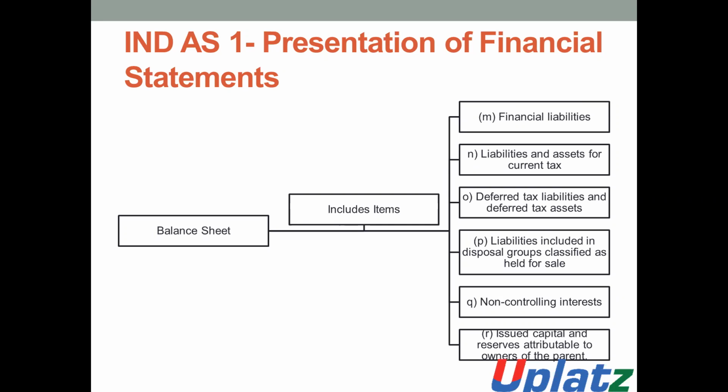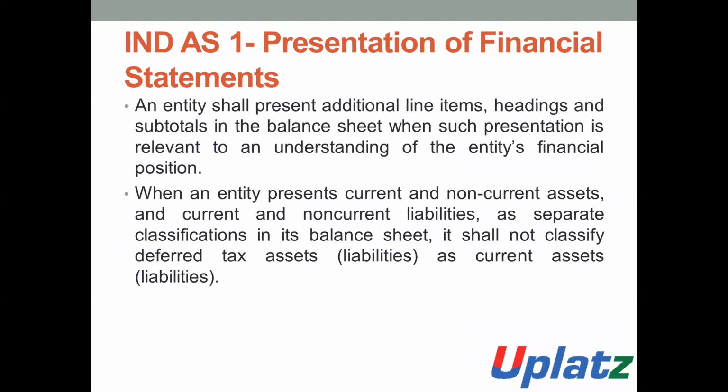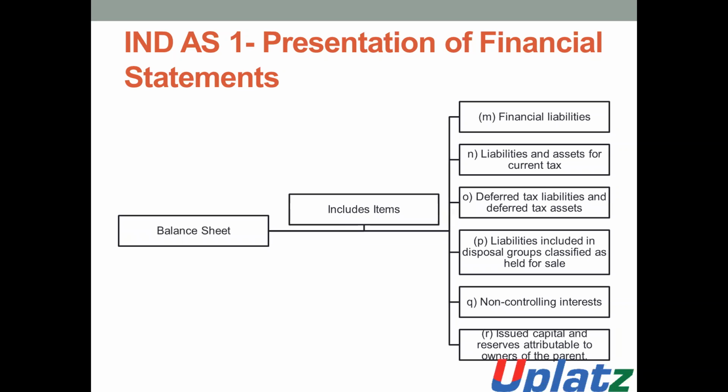Liabilities which are included in disposal groups classified as held for sale, non-controlling interest, issued capital, and reserves which are attributable to the owners of the parent. These all are the items which are to be included by the entity in its balance sheet.